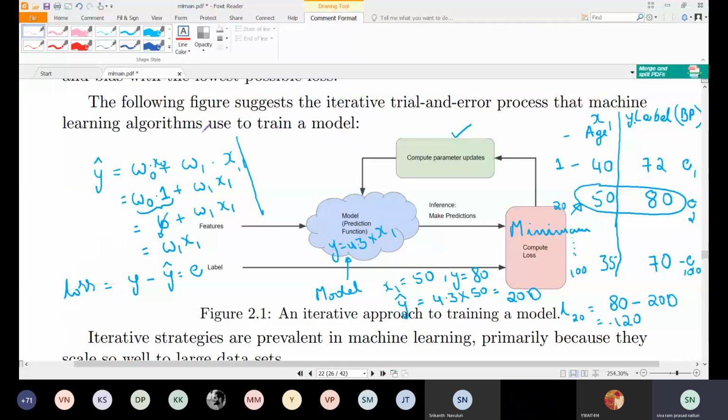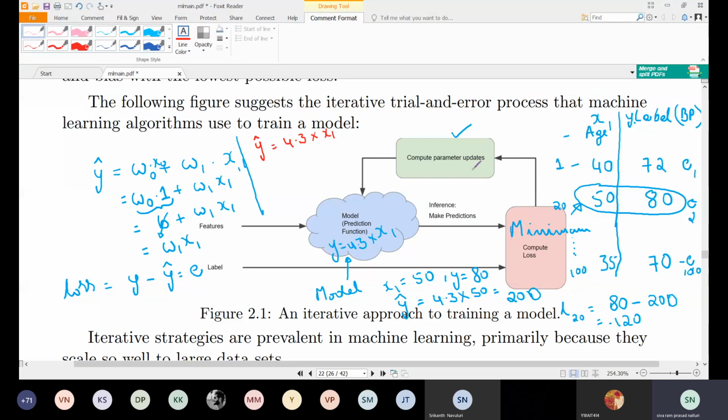Initially the algorithm learns or fits a model like this. Okay, and you calculated the total loss and you found that the loss is a very large value. So what you will do?